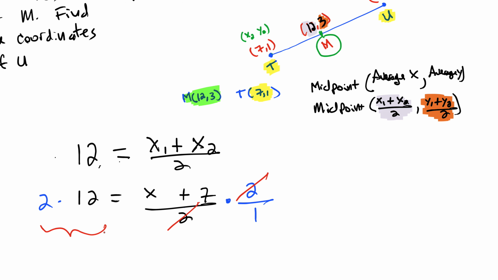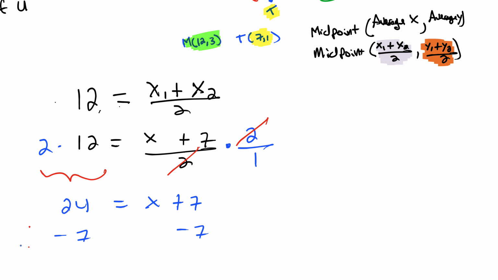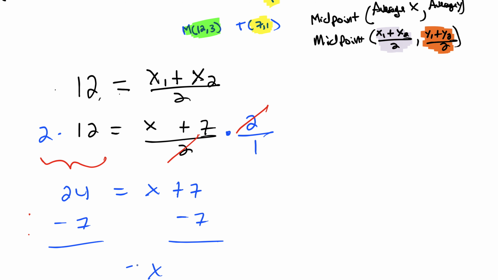Okay, and what do you get on the left? You get 24 equals x plus 7. All right, and then minus 7 minus 7. And then x equals what? 17.